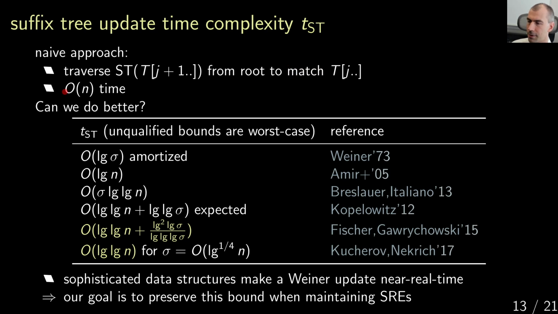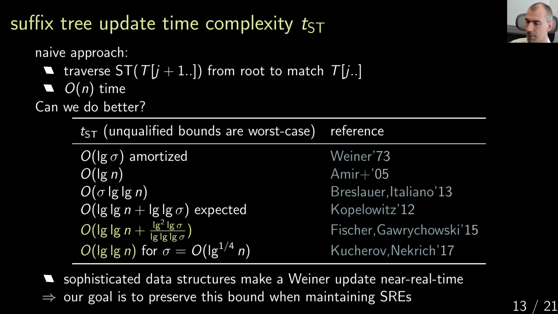If you do it naively, it takes linear time just to traverse from the root to the insertion point. You can do better, and there is a line of research going from log sigma amortized to approaches which work in near real time. Any of these highlighted approaches would work in our setting.